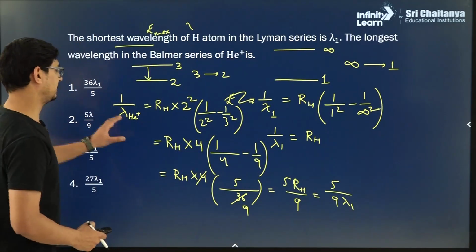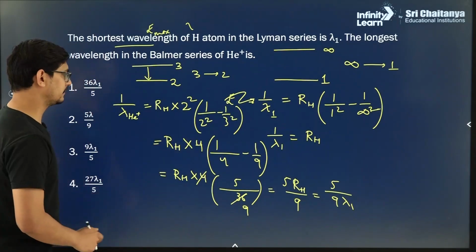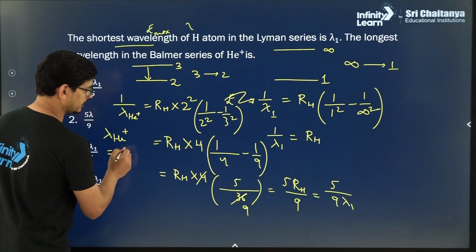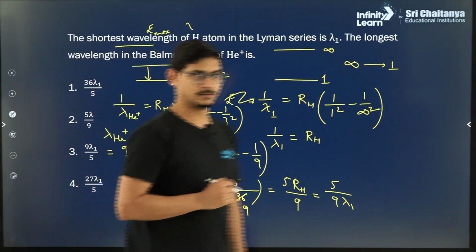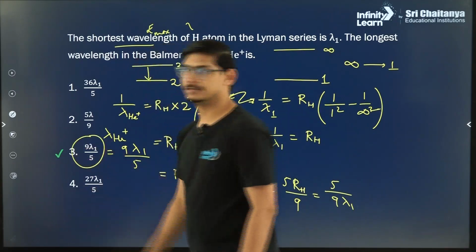So 1 upon lambda of helium is 5 upon 9 lambda 1. Taking the inverse, lambda of helium plus is 9 lambda 1 by 5. So the correct answer to this question is 9 lambda 1 by 5.